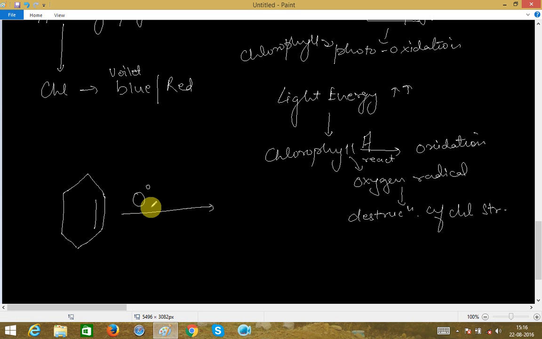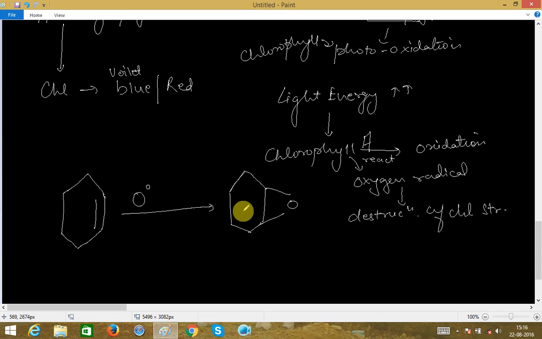As soon as it reacts with the oxygen radical, this covalent bond in the cyclic group is going to break, and it results in the attachment of oxygen, like this.